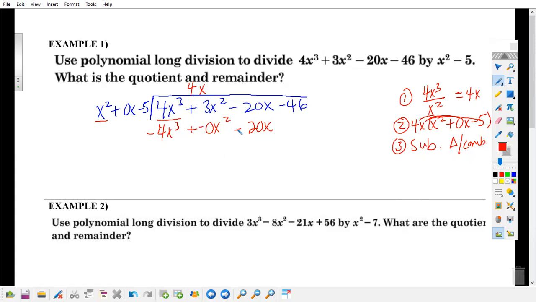Instead of being negative, you're going to become positive. And then we combine. The goal is that your first term should cancel out. Does our first term cancel out? Yes. 3x squared plus 0 is going to be 3x squared, and negative 20x plus 20x is going to be 0x.